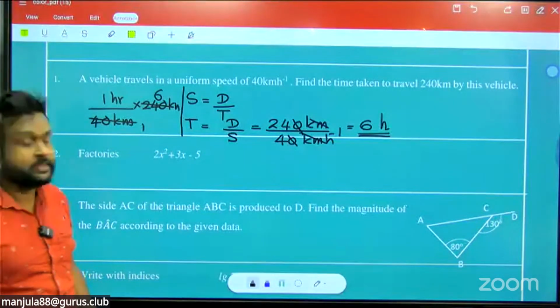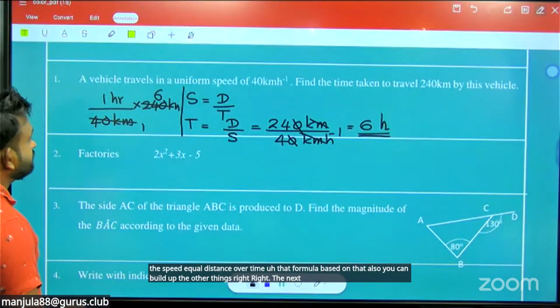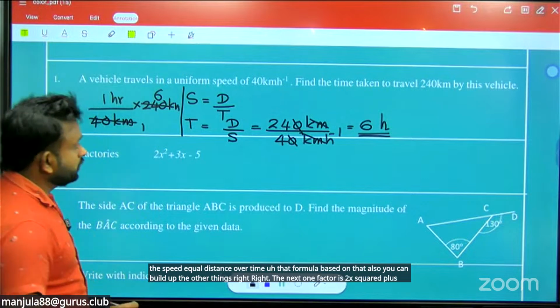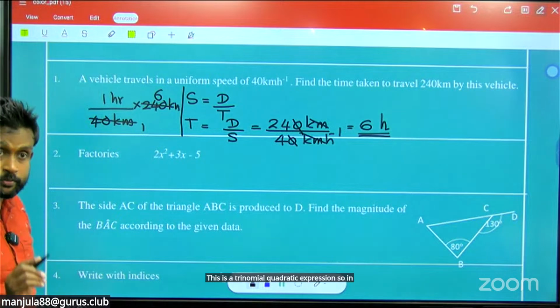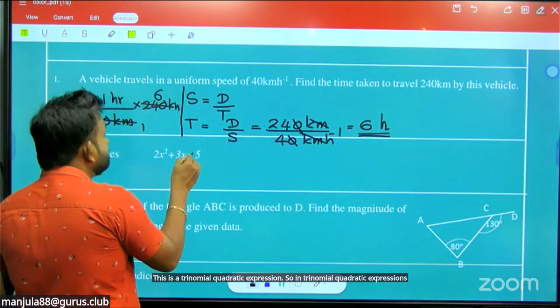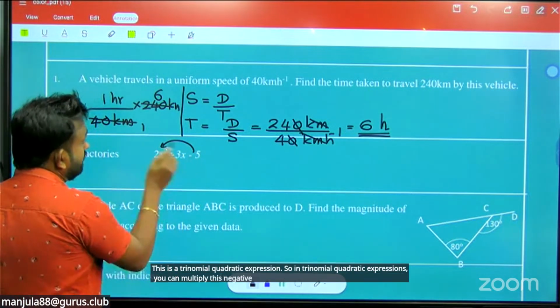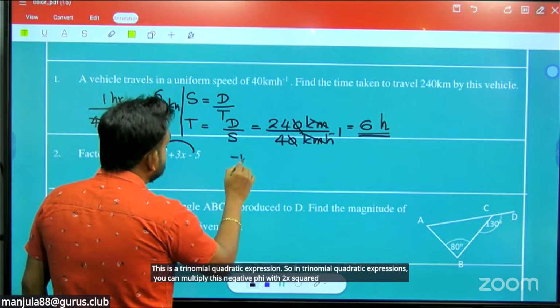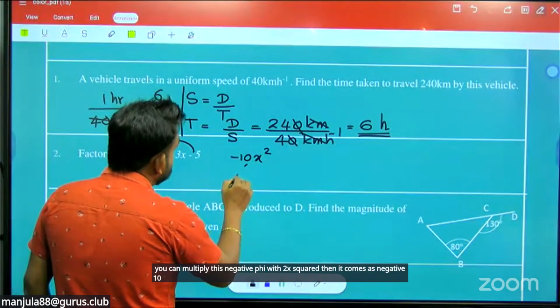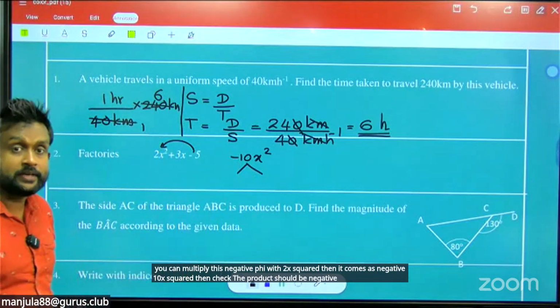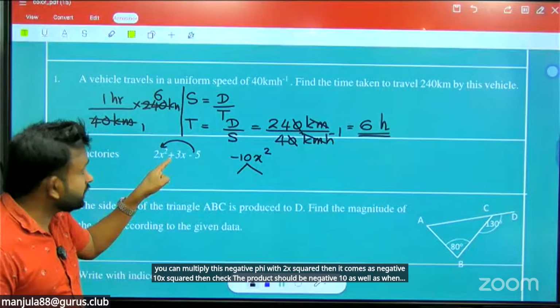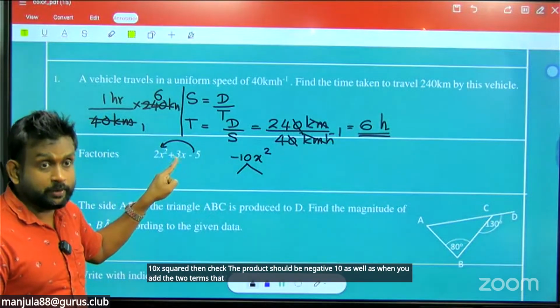The next one: factorize 2x squared plus 3x minus 5. This is a trinomial quadratic expression. In trinomial quadratic expressions, you multiply the negative 5 with 2x squared, which gives negative 10x squared. Then check that the product should be negative 10, and when you add the two terms, it gives the middle term plus 3x.